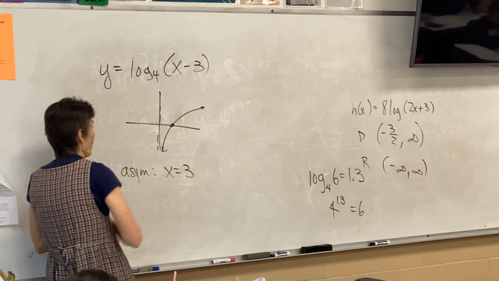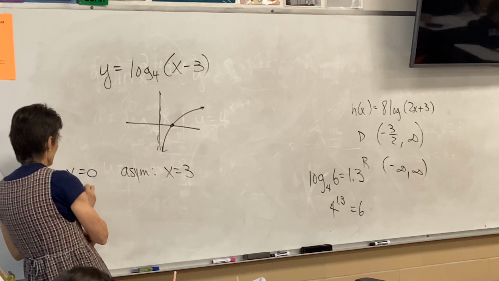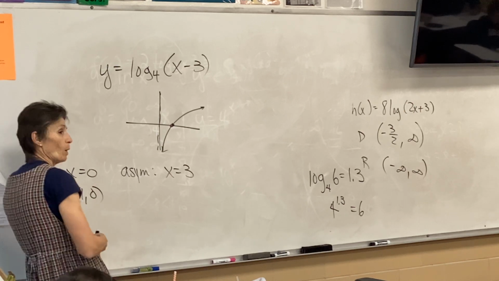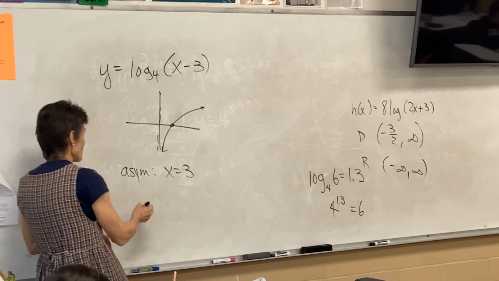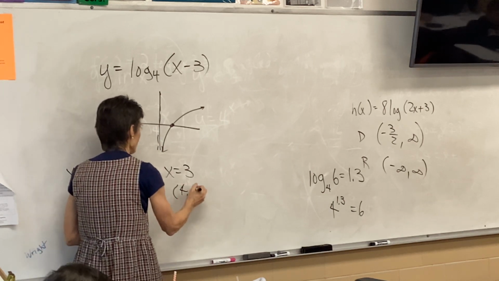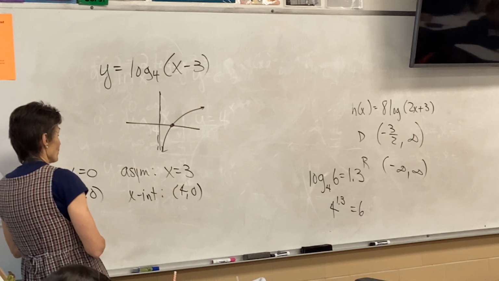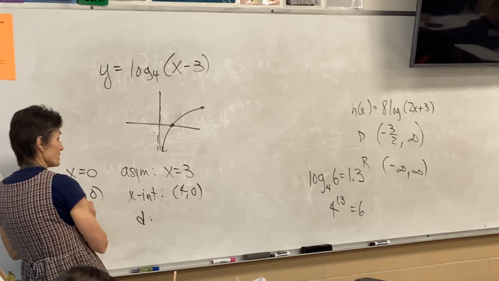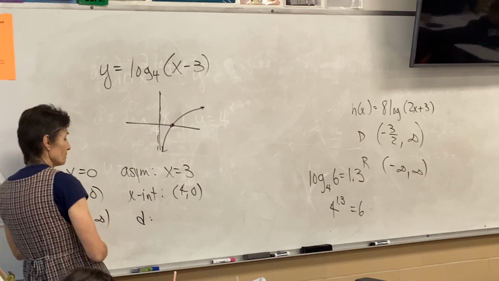Your original x-intercept is (1, 0). So what's your new x-intercept going to be? (4, 0). Your original domain was 0 to infinity.